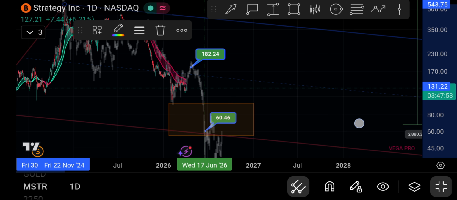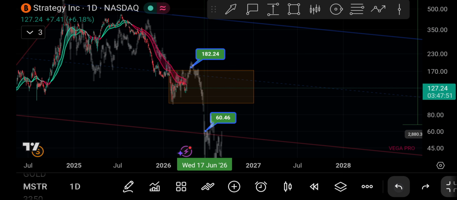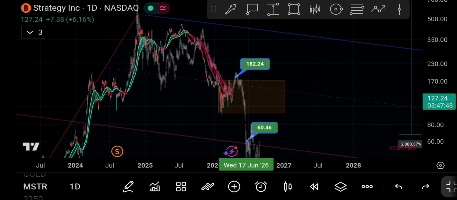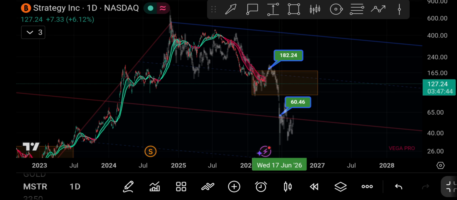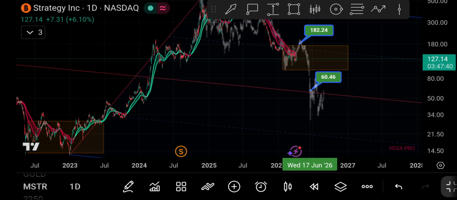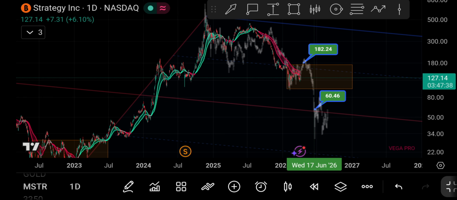But we don't know that yet. Nobody knows that yet. That's why you may have a strategy, a binary strategy, to enter the asset. So we are going day by day. I will give you updates on this.